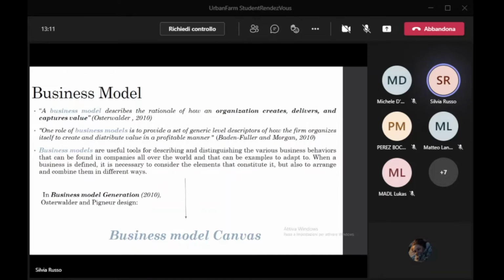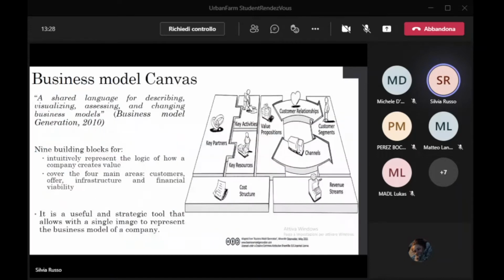In 2010, Osterwalder and Pigneur published Business Model Generation, a book in which the authors design and present the business model canvas. In particular, the authors state that a business model canvas is a shared language for describing, visualizing, assessing, and changing business models.